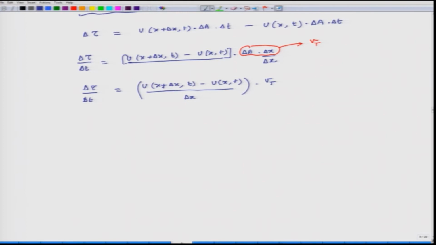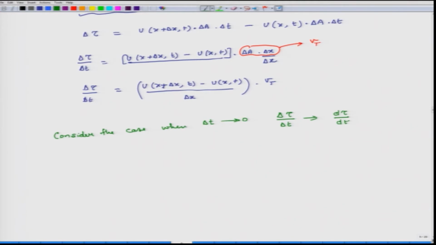Now, consider the case when delta t is approaching 0. When delta time is becoming extremely small, then what will happen? Delta tau over delta t approaches the total derivative of change in volume divided by dt.